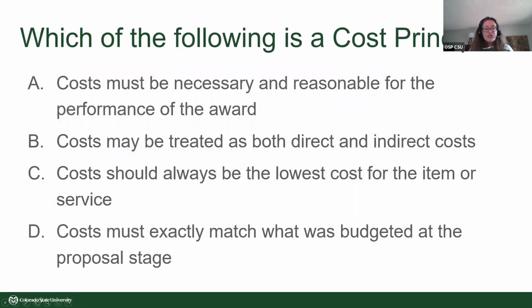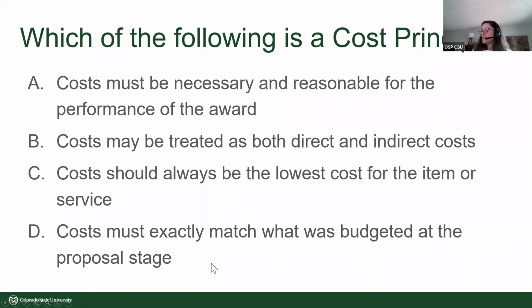Okay, which of the following is a cost principle? I'm not going to read these, you can read them, but go ahead and type in your answer when you're ready. People are saying A. Okay, yes, the cost must be necessary and reasonable for the performance of the award.